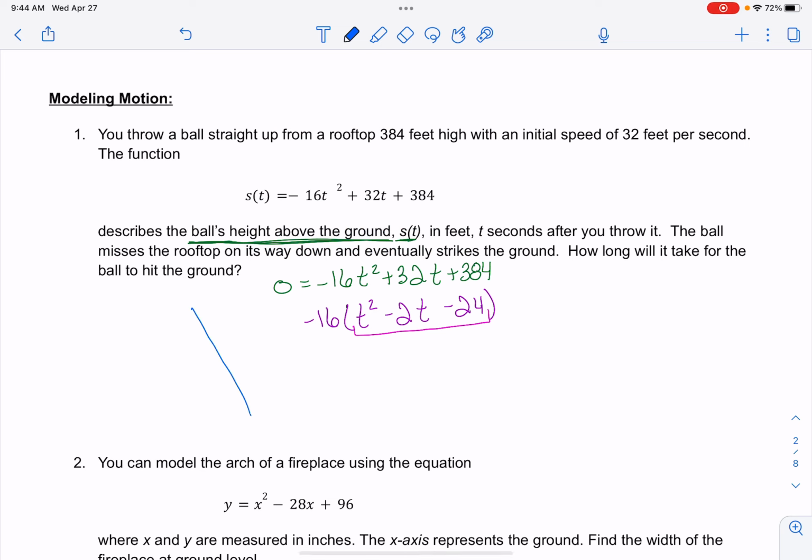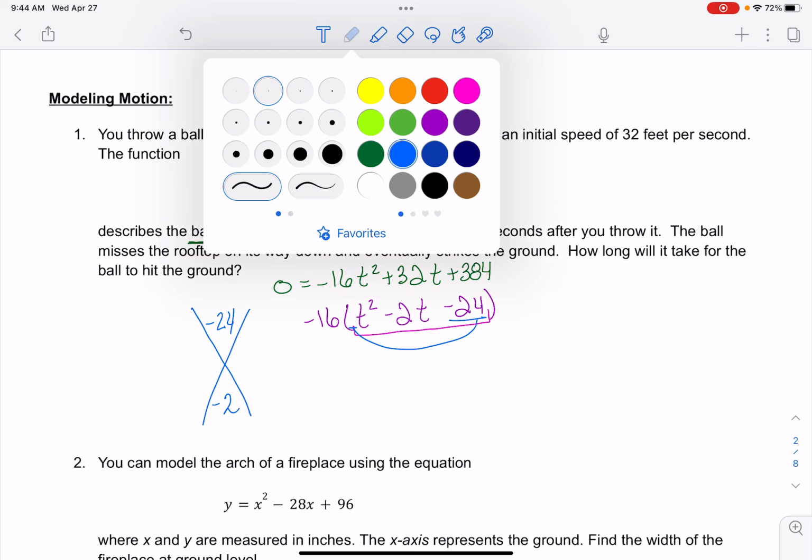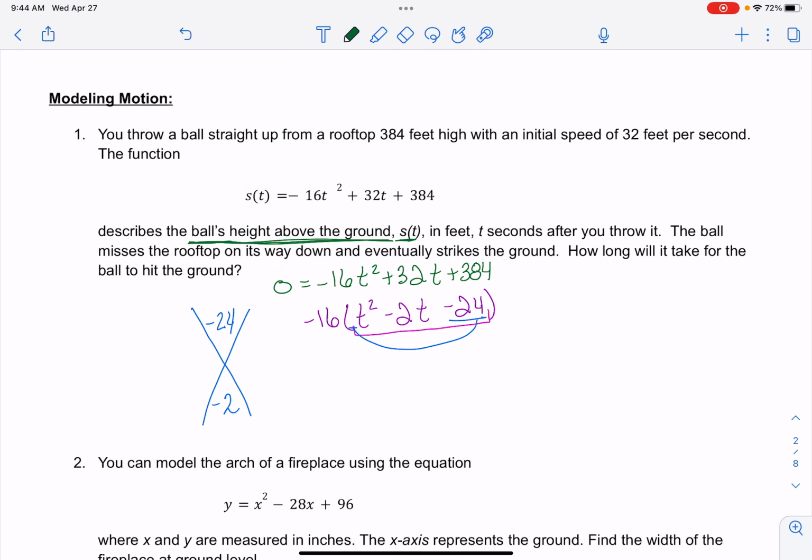So again, we have our x. We multiply our first term and our last term, which gives us negative 24. And negative 2 goes in the bottom. So we need two terms that multiply to give us negative 24 and add to give us negative 2.